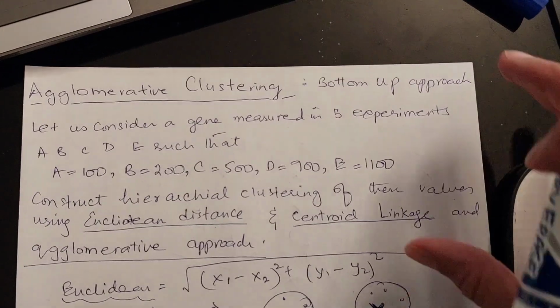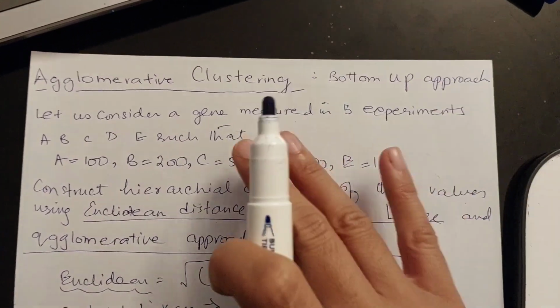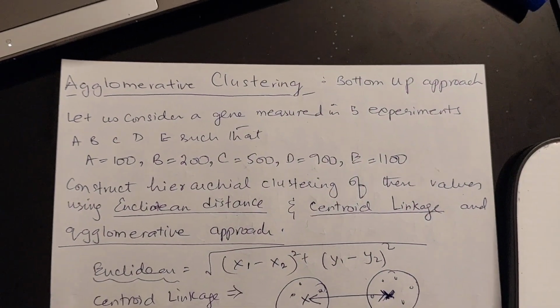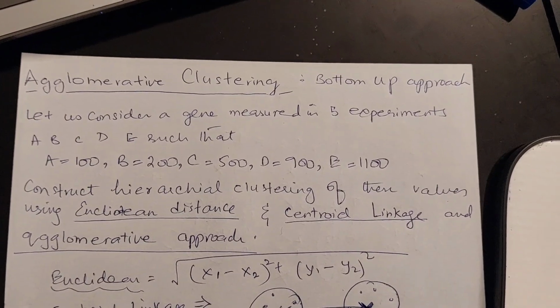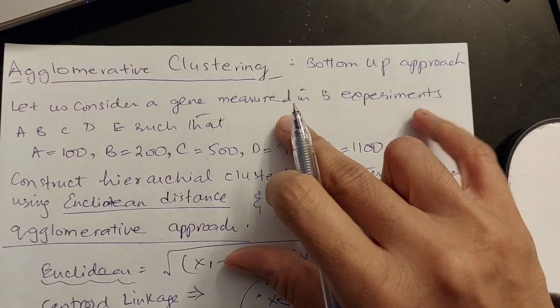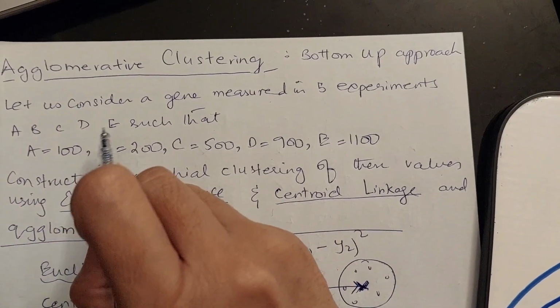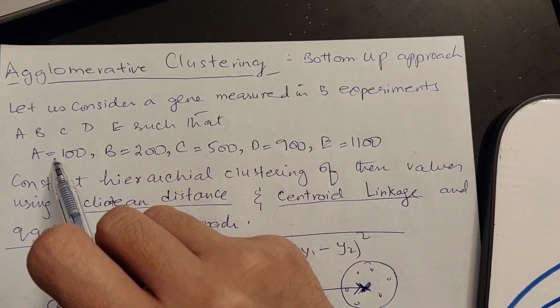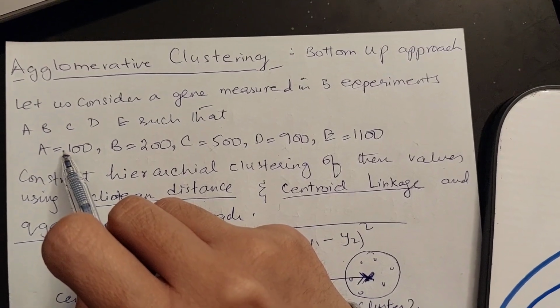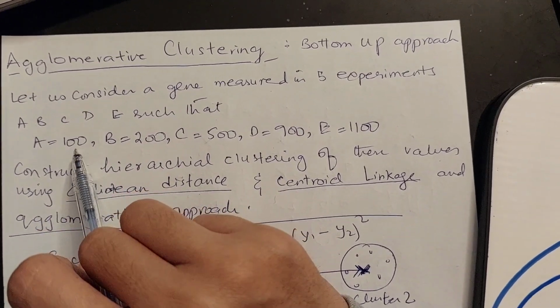Okay, so now let's understand this with the help of an example. Let us consider that we are given a gene which is measured in 5 experiments, and the experiments are A, B, C, D and E. In the first experiment, the value or the size of the gene which was measured is equal to 100.